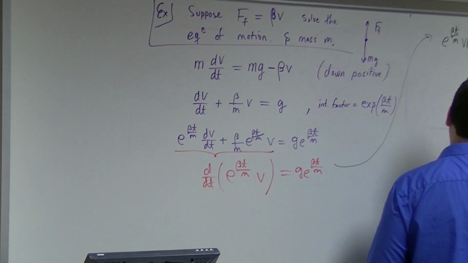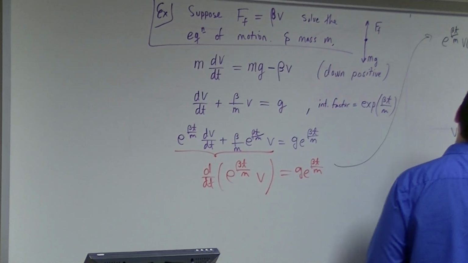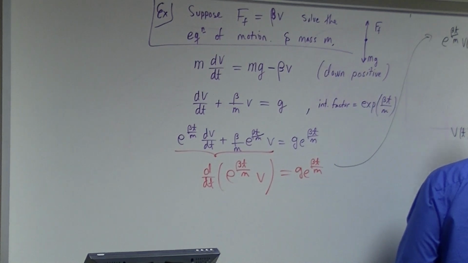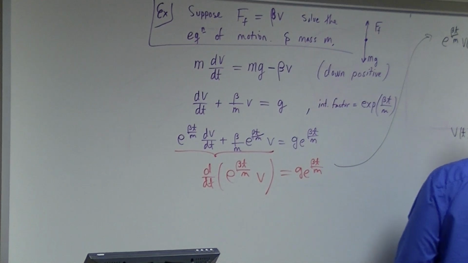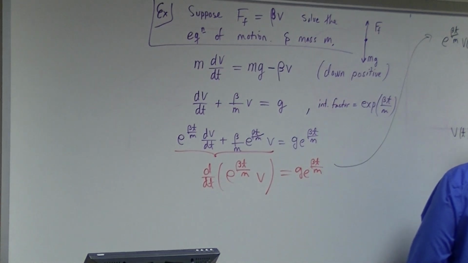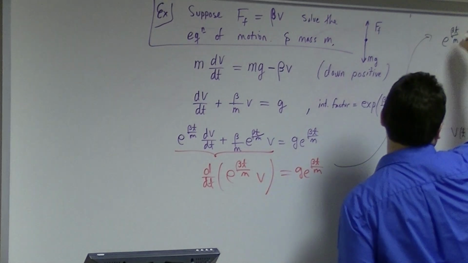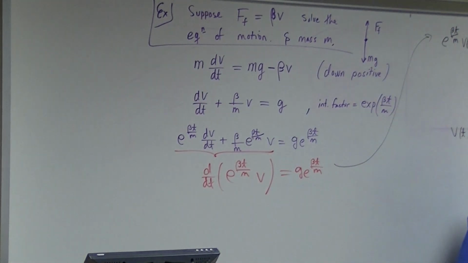v of t, the velocity at time t, is equal to the velocity at time 0, which I'll call v naught, plus mg over beta times (e to the beta t over m minus 1), all of this junk times the inverse of that, which would be e to the minus beta t over m.